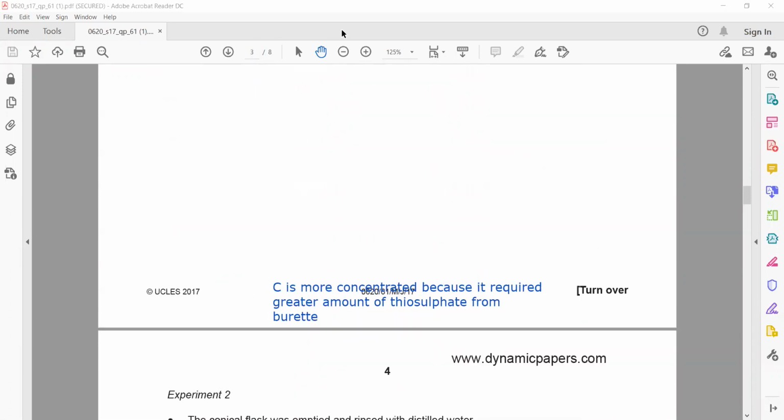Solution C required 34.2 cm cube of thiosulfate, and solution D only required 17.1 cm cube of the same thiosulfate. So which solution is having more particles, C or D? Because you need more thiosulfate, it shows that C is having more particles compared to D. So C is more concentrated than D. Is it clear?